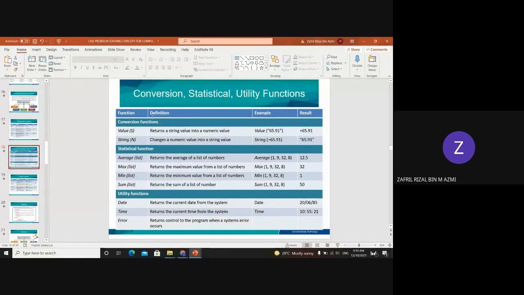And then we have conversion. Conversion functions. For example, value S returns a string value into a numeric value. We want to convert a string to a numeric value. So we use this conversion.